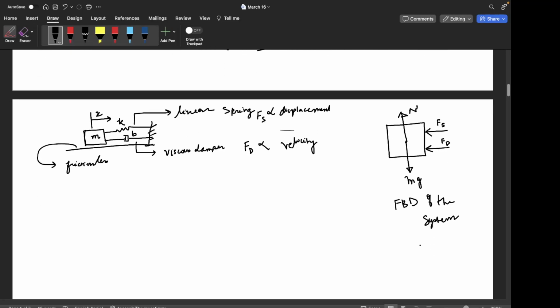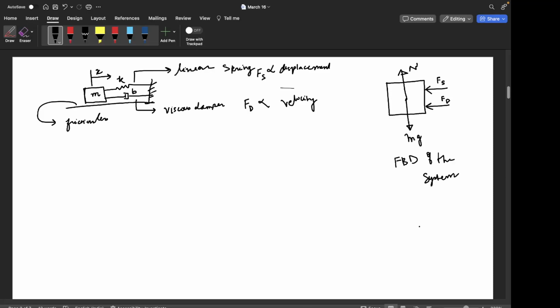So for writing equations of motion, however complex the system is, the best thing to do is to draw the free body diagram. Since this system has only translation, we can use our tried and tested F equals ma, and we take this right direction as positive x-axis.